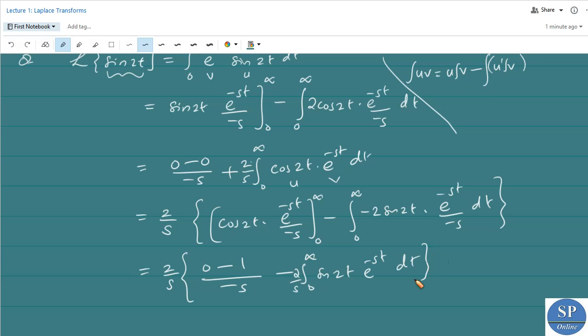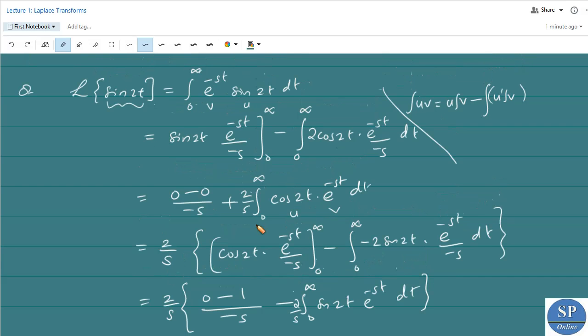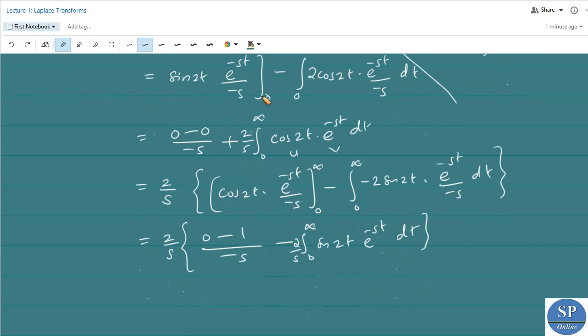So this is nothing but, we have L of sine 2t is the integral of e power minus st into sine 2t dt, so this integral is the Laplace transform of sine 2t.